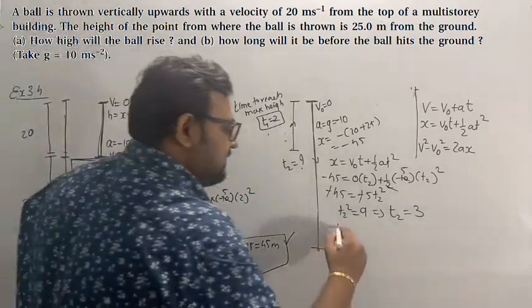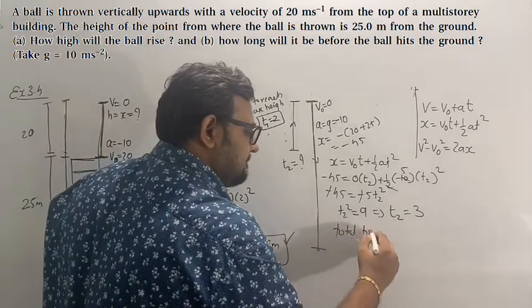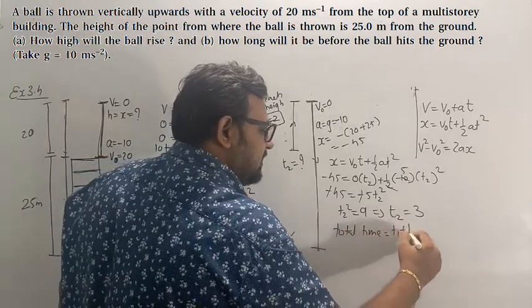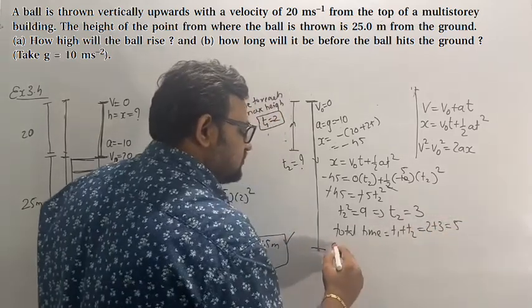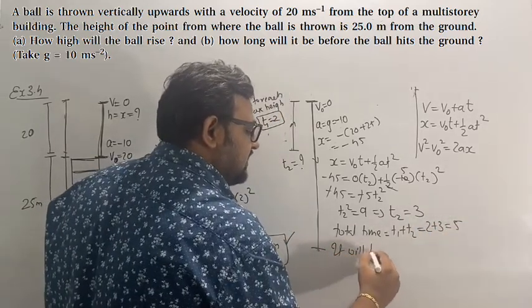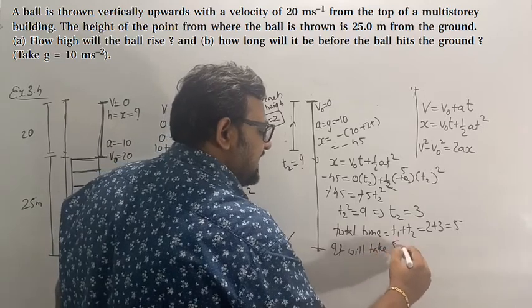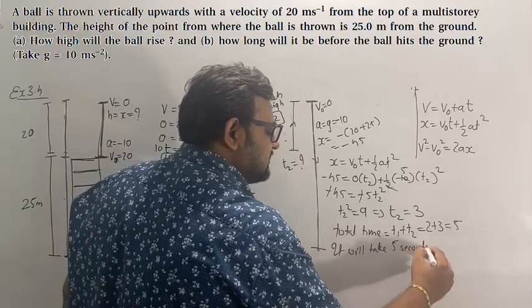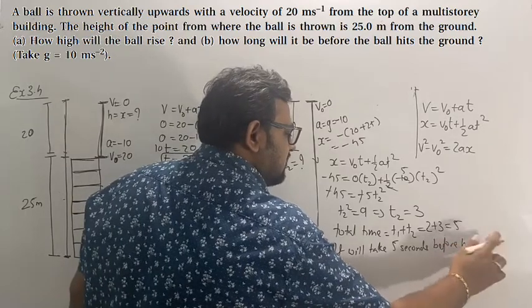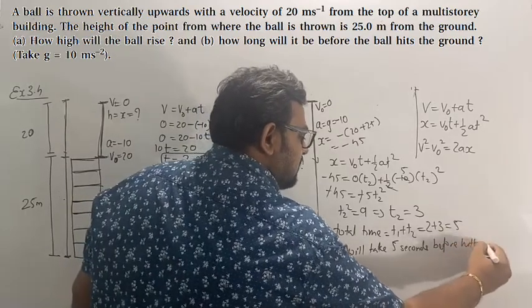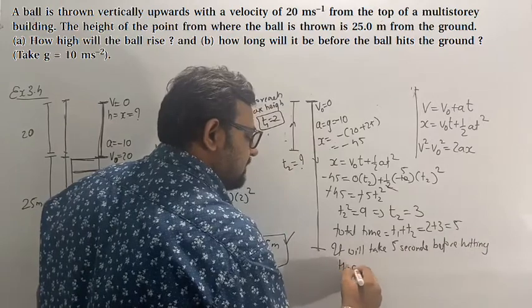So total time t1 plus t2 equal to 2 plus 3 equal to 5. So it will take 5 seconds before hitting the ground.